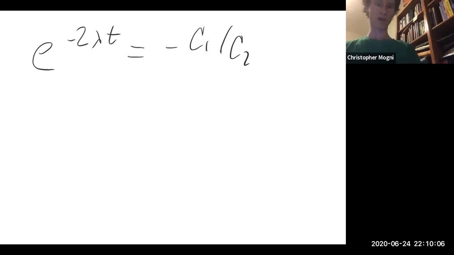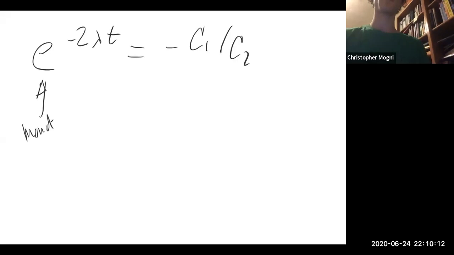One way that you can justify this is that this function is a monotonic function of t. In this case, that means it's always going to be decreasing. You can either have monotonic increasing or monotonic decreasing. You're never going to have this function gain some hump in the middle, going to bigger and bigger values of t.